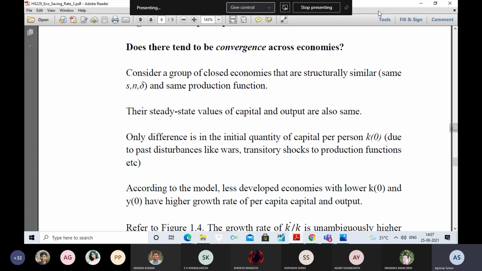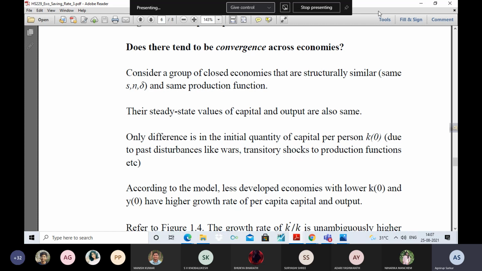As mentioned before, these economies have the same parameters: saving rate, population growth, depreciation. They have the same production function also.